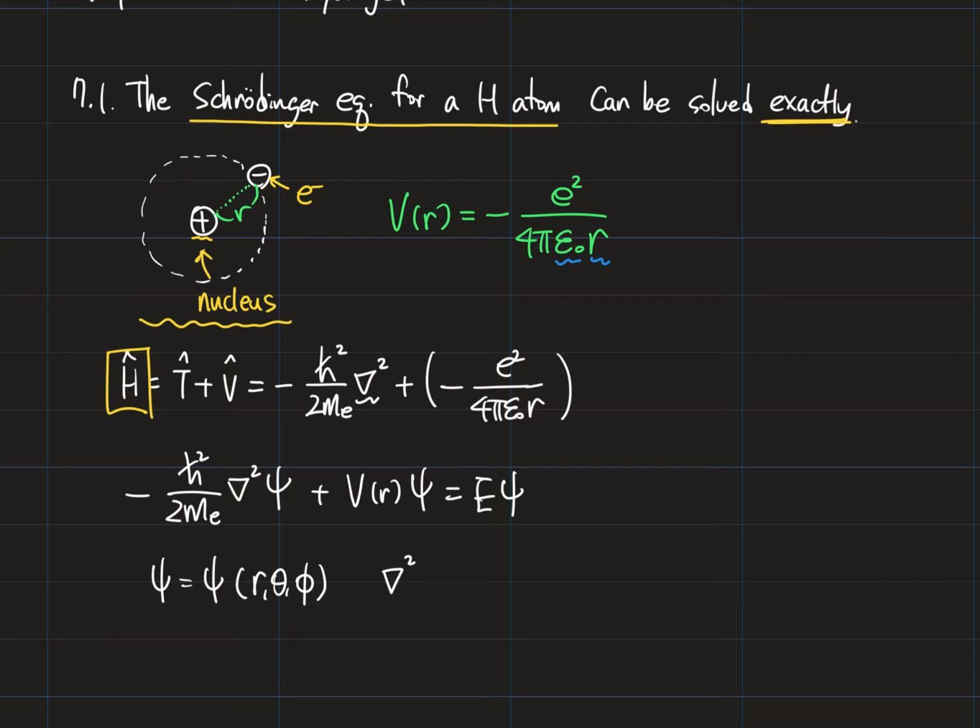So del squared would be given as 1 over r squared. It would be a lengthy expression, but anyway, we are going to write it down.